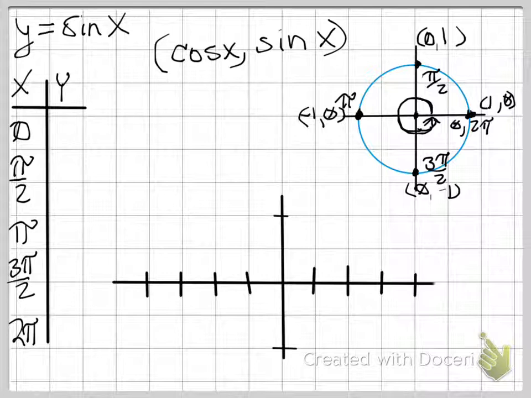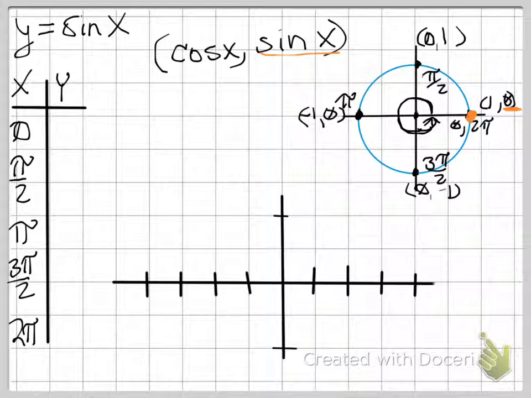So at x equals 0, we're right here. I want to know what the sine of this point is. Well, you look at your ordered pair. I have 1, 0. This is going to be my sine because the right-hand side is my sine for that radian.